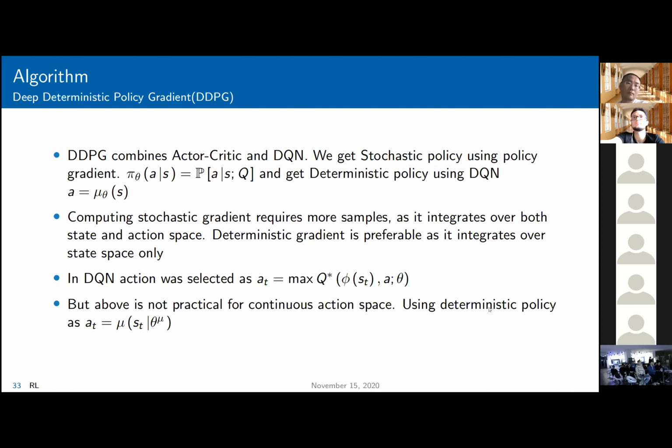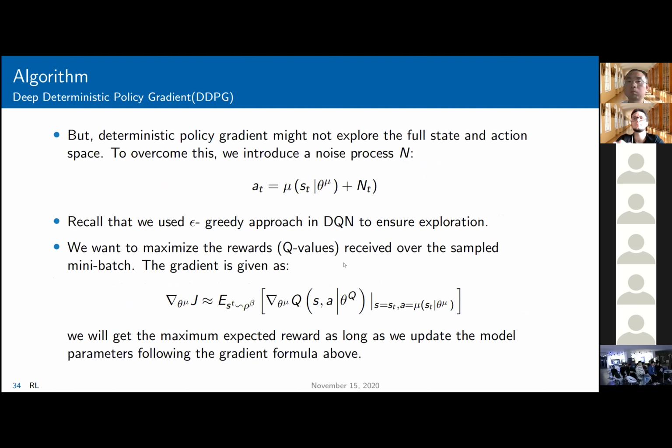And in the common RL training process, there is a greedy strategy to balance exploration and exploitation. Similarly, the Ornstein-Uhlenbeck stochastic process is used in DDPG as the random noise introduced.